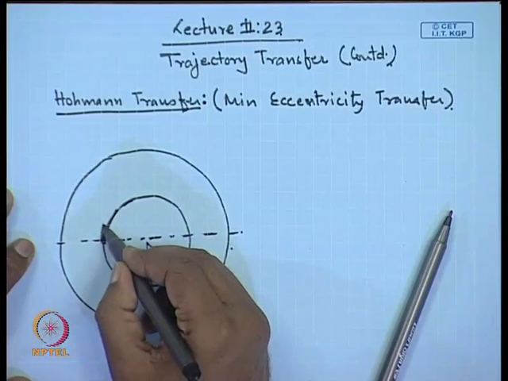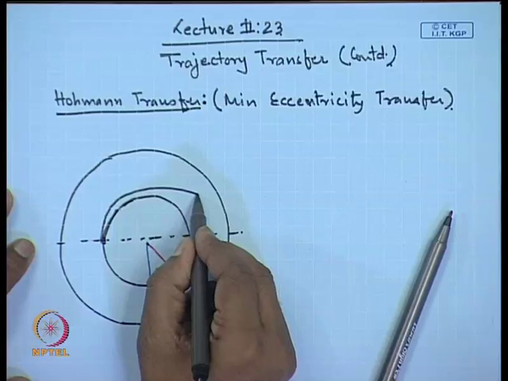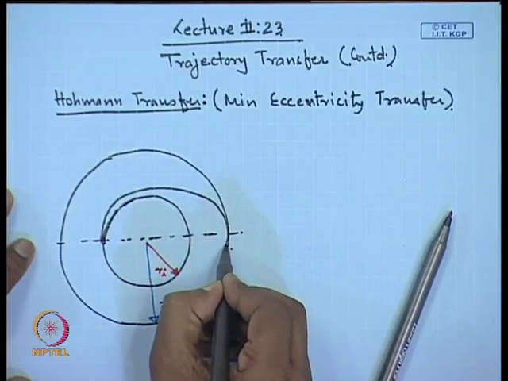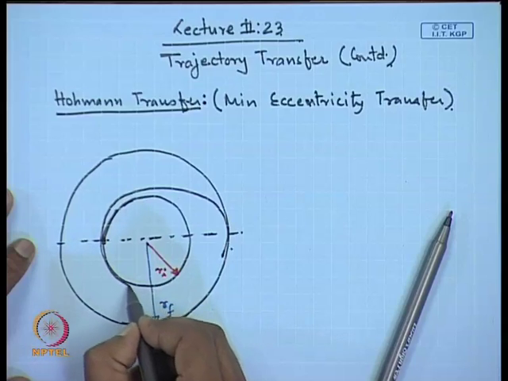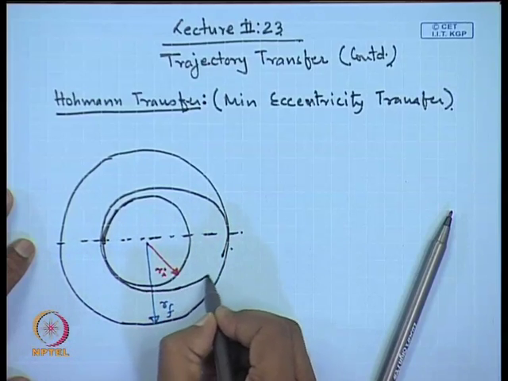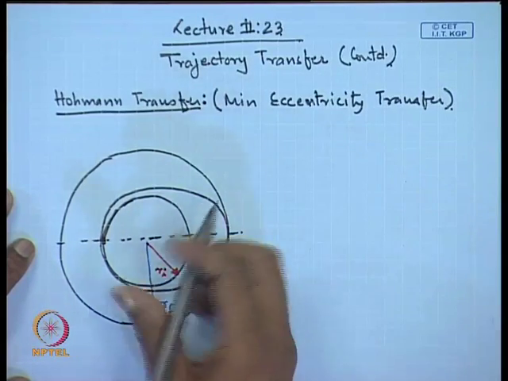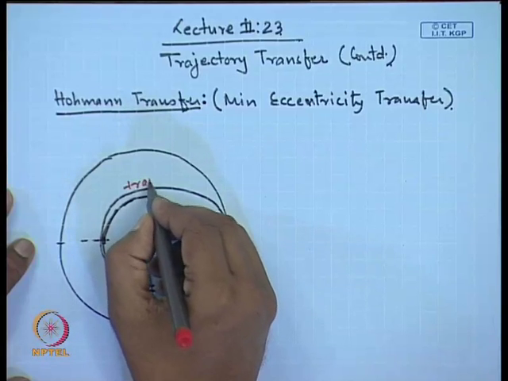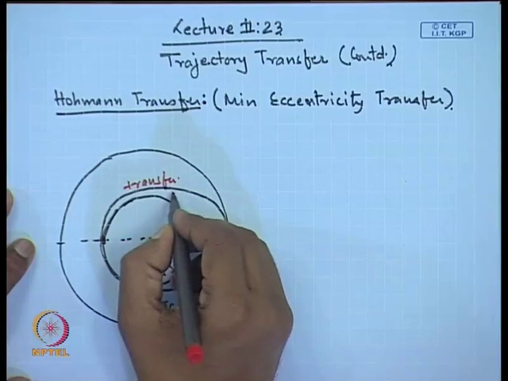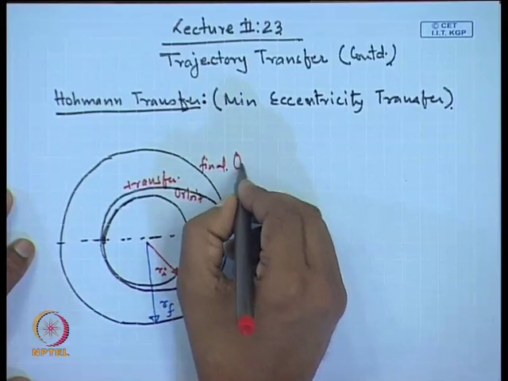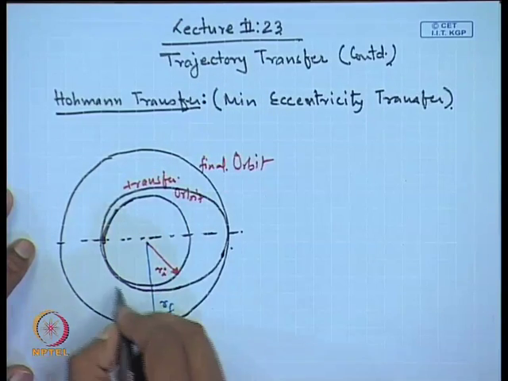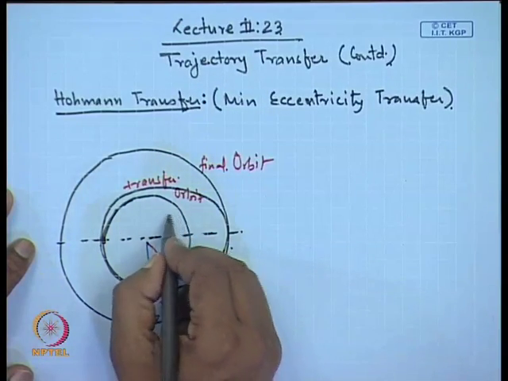So, one impulse is given here in this place, and the satellite goes into this elliptical orbit. So, this is the transfer orbit. This is the final orbit, and this one is the initial orbit.